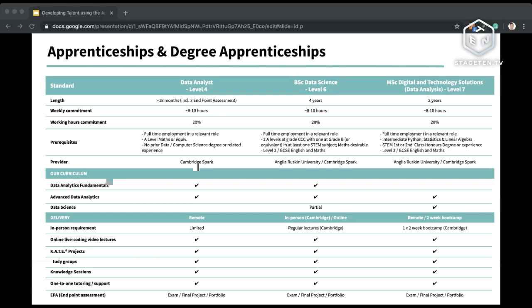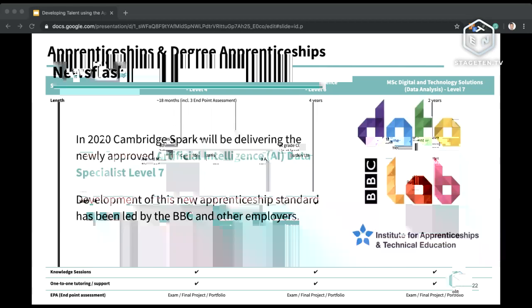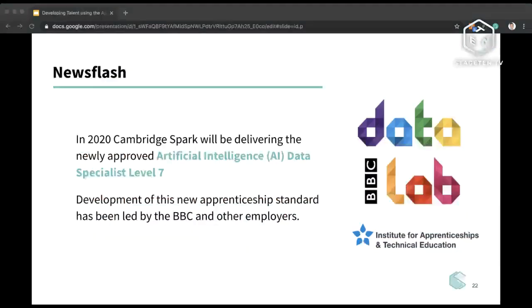Before we go, and I am conscious of time, I do have a newsflash for you, and this is an official BBC newsflash. Remember how I said apprenticeships are put together by employers? So an employer group, or trailblazer group as they're technically known, led by the BBC and involving a range of other employers, are proud to announce that the Artificial Intelligence Data Science or Data Specialist Level 7 has had the standard approved.